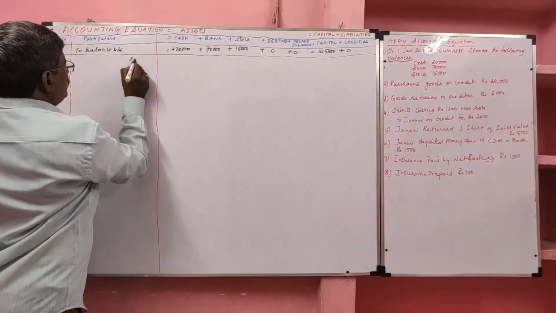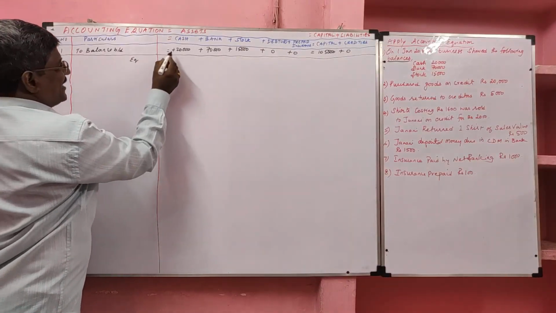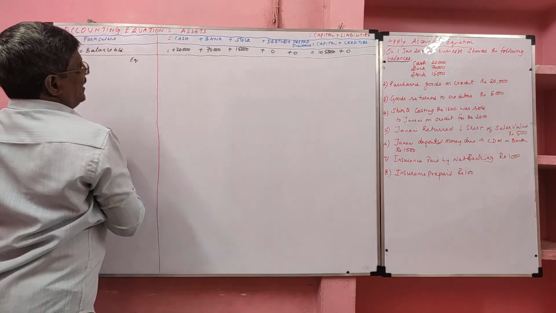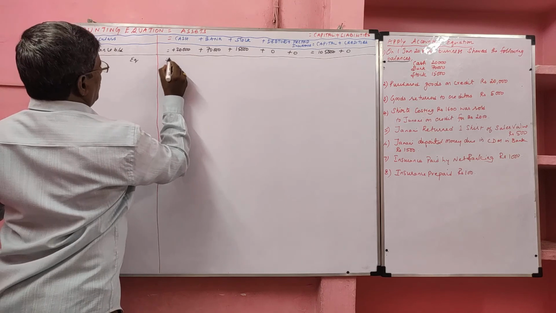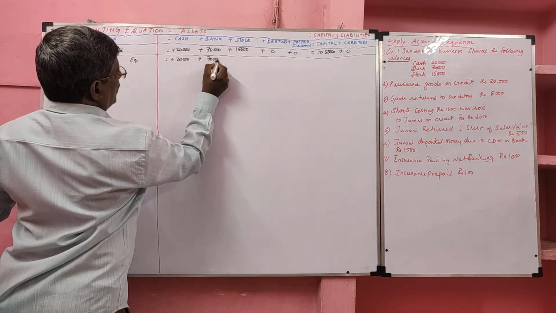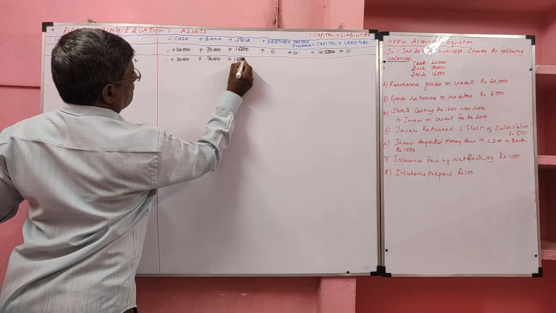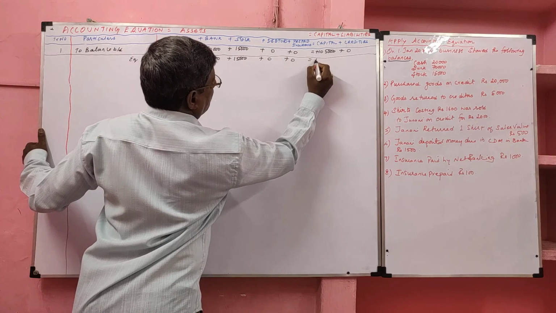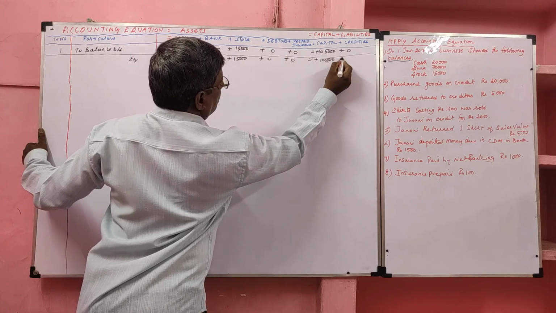What we have to do, we should write to balance BD, write the respective value, then add all assets, write it as capital. So balance equation plus 0.